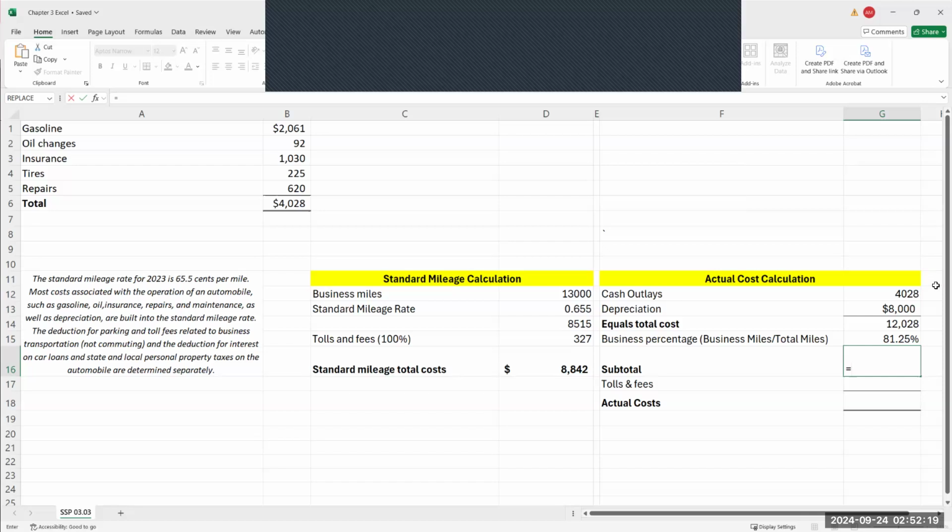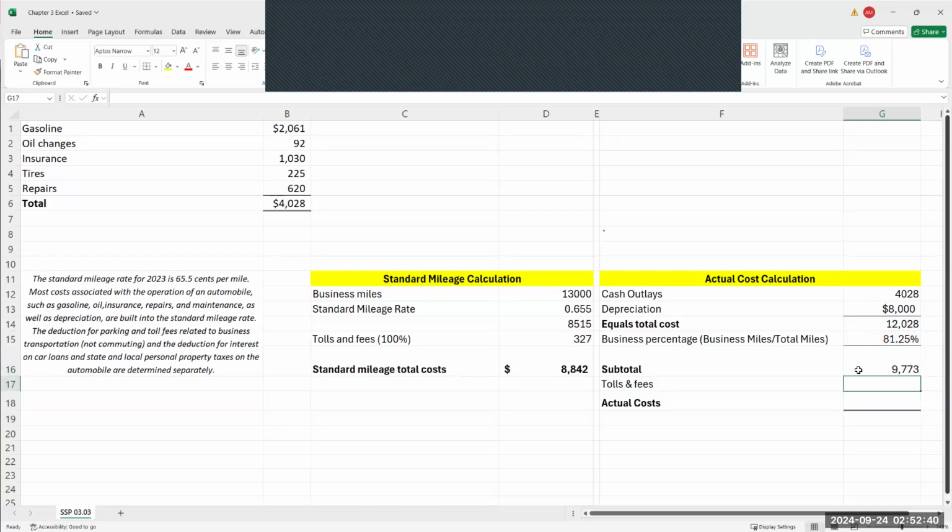So we need to determine our subtotal. The total cash that we spent plus the depreciation of $8,000 gives us a total cost of $12,028. However, for business purposes, we only use the vehicle 81.25%. So therefore, we can only claim the business portion of the cost.